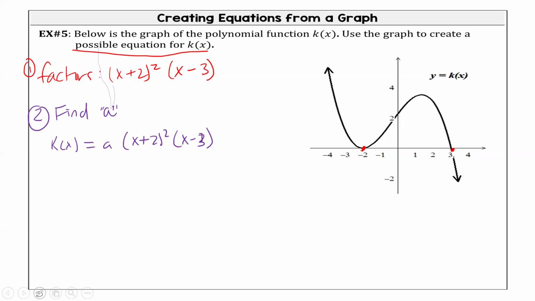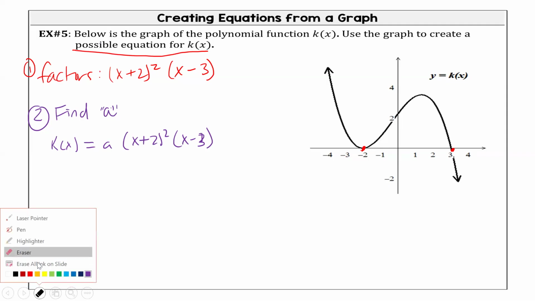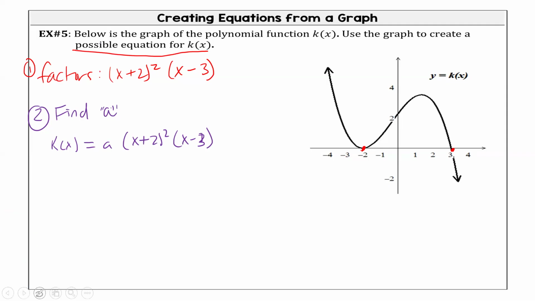In order to find a, you're going to use a given point that they provide for you. Anytime you have your y-intercept, that's the value you use. So we're going to use our y-intercept at 0, 2.